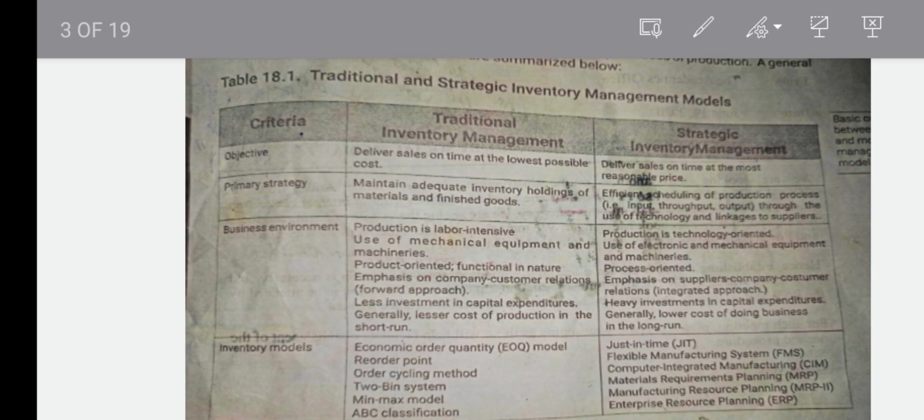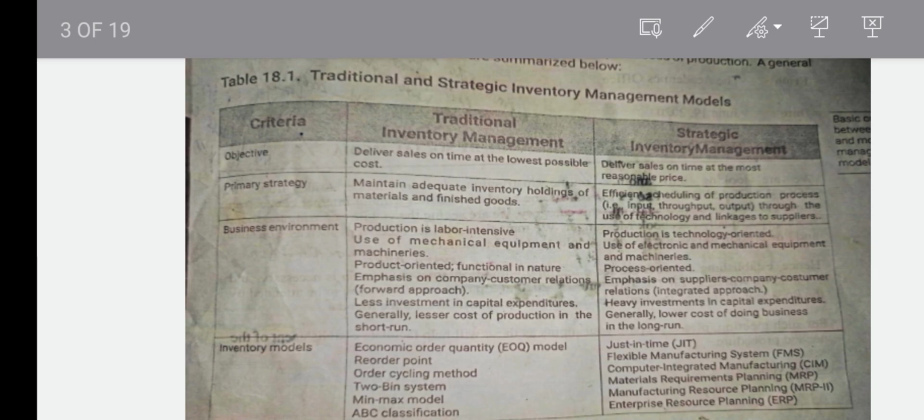It means more when it comes to strategic inventory management, there is a relationship with technology, so they apply technology in this side, while traditional is mostly focused on counting.